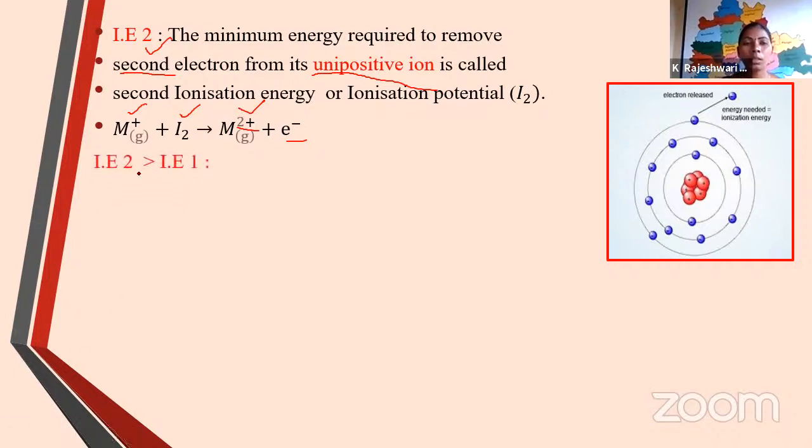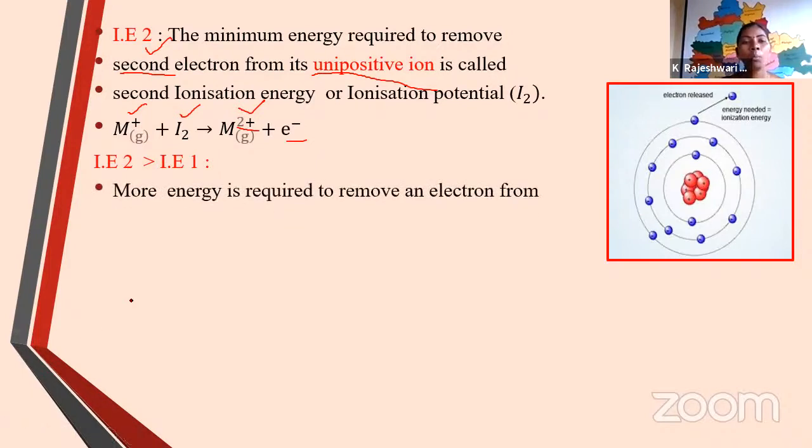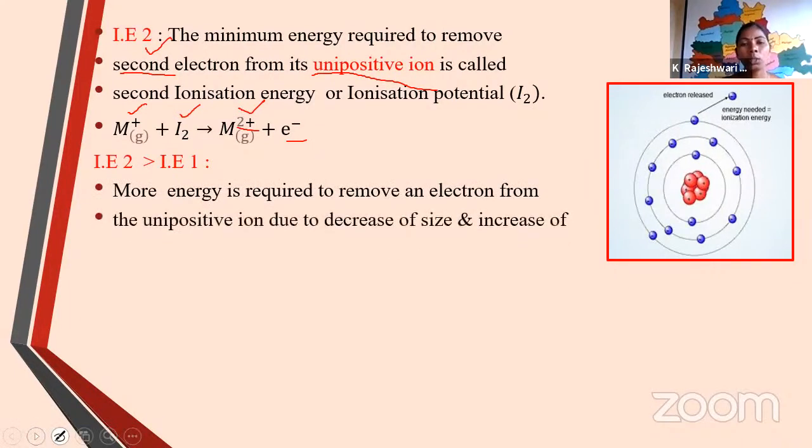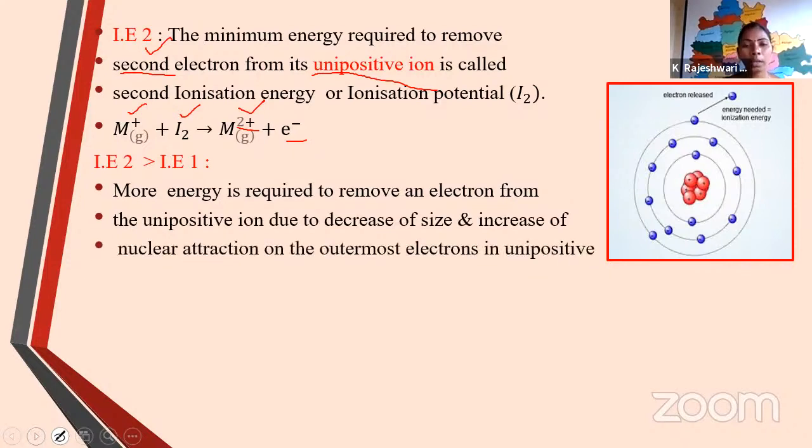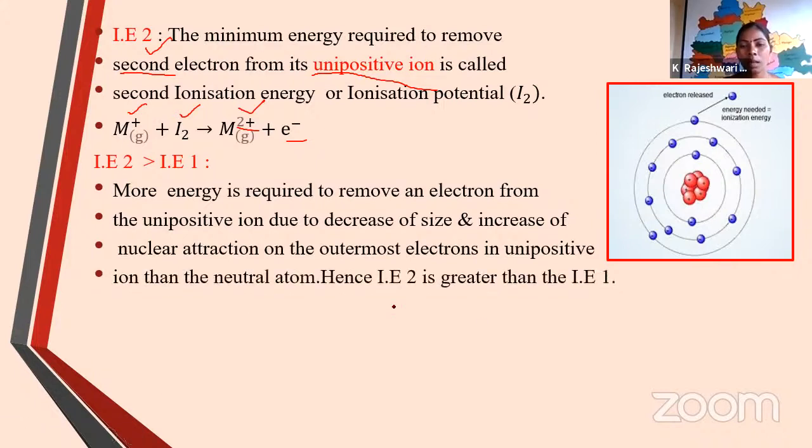Now, in the question they also asked why IE2 is greater than IE1. So what is that reason? Explanation: more energy is required to remove an electron from the unipositive ion, due to decrease of size and increase of nuclear attraction on the outermost electrons in the unipositive ion. Hence ionization energy 2 is greater than ionization energy 1.